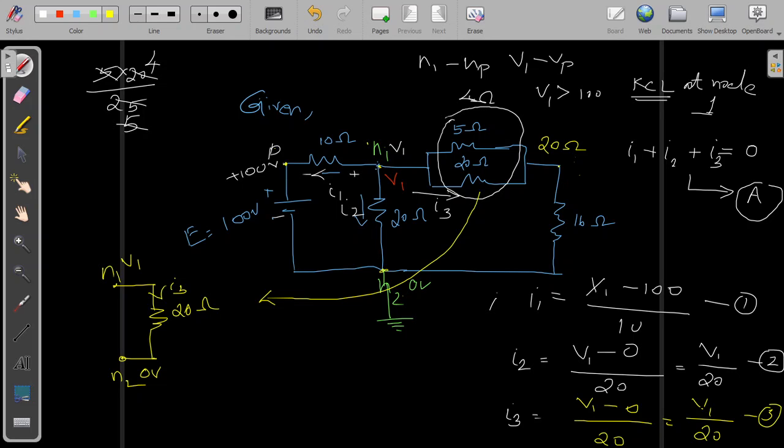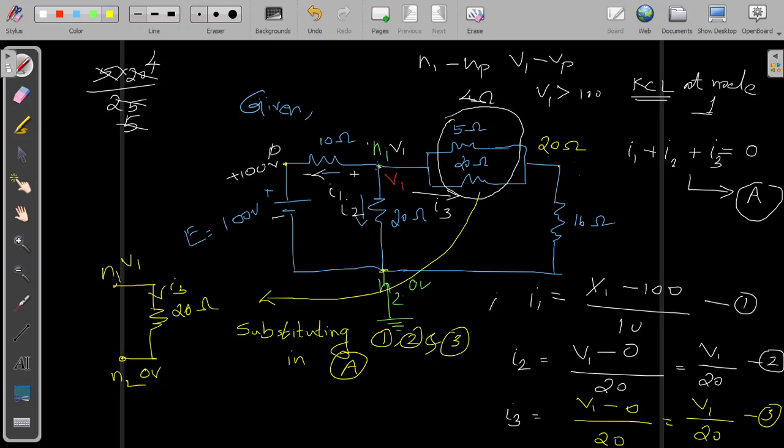This is my third equation. Now I'm substituting 1, 2 and 3 in A. So I1 plus I2 plus I3 equal to 0.